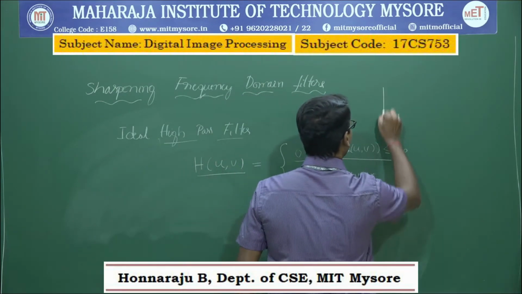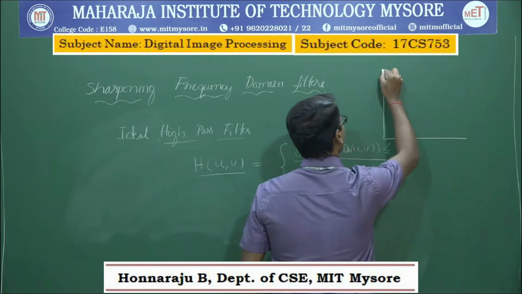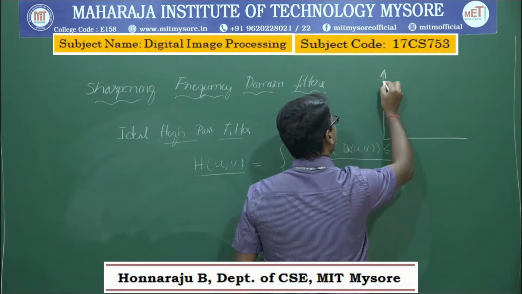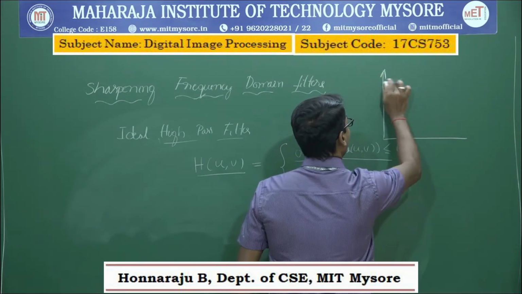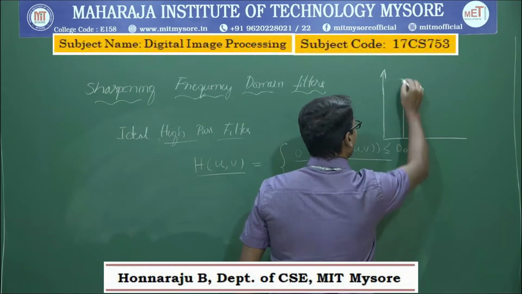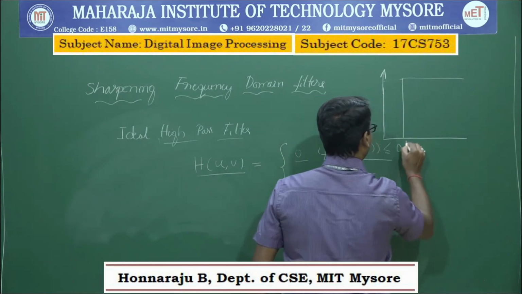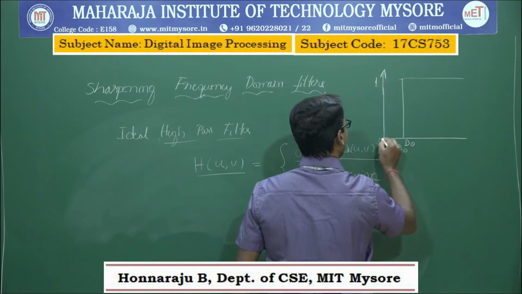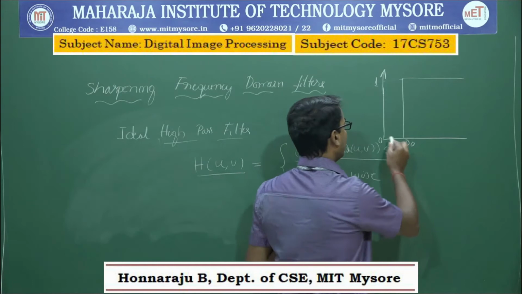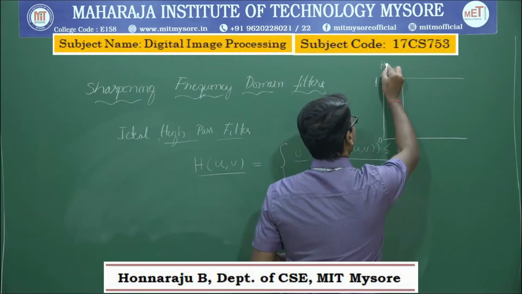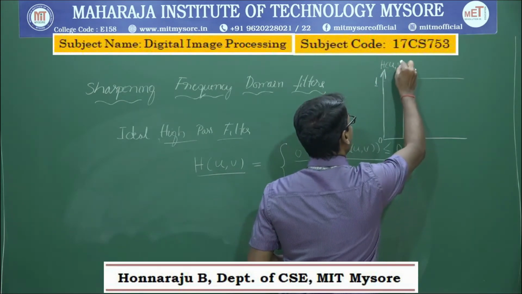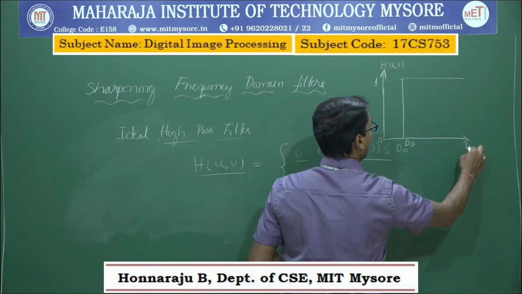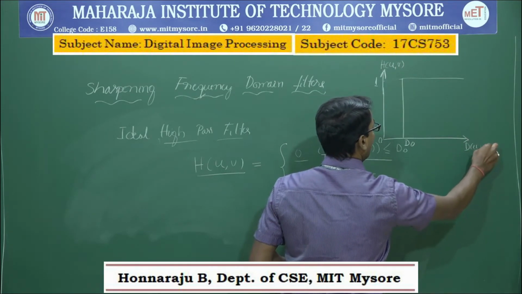So, the graph is: D0, this is 1 and 0. This is H of u comma v and the distance value D of u comma v.